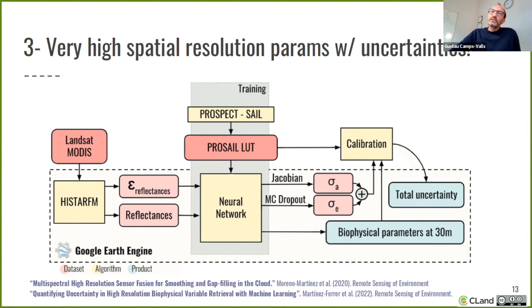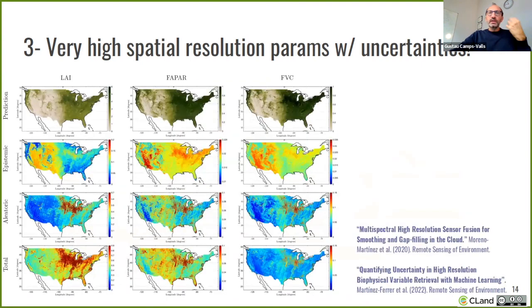We need to calibrate these uncertainties. I'm not going to go into the detail of how this is done, but essentially after the whole process you end up with a total uncertainty, not only the counterparts, the different pieces of the uncertainty, and of course the biophysical parameters at 30 meters. So we can go continental, also continuous in time, and you can generate not only the prediction for different parameters, LAI, FAPAR, and FVC, but also these pieces of uncertainty information, right?